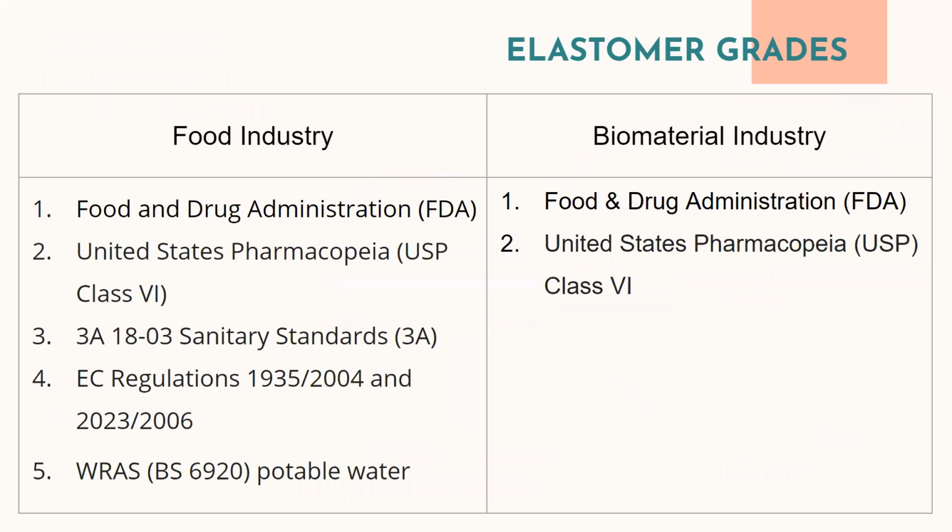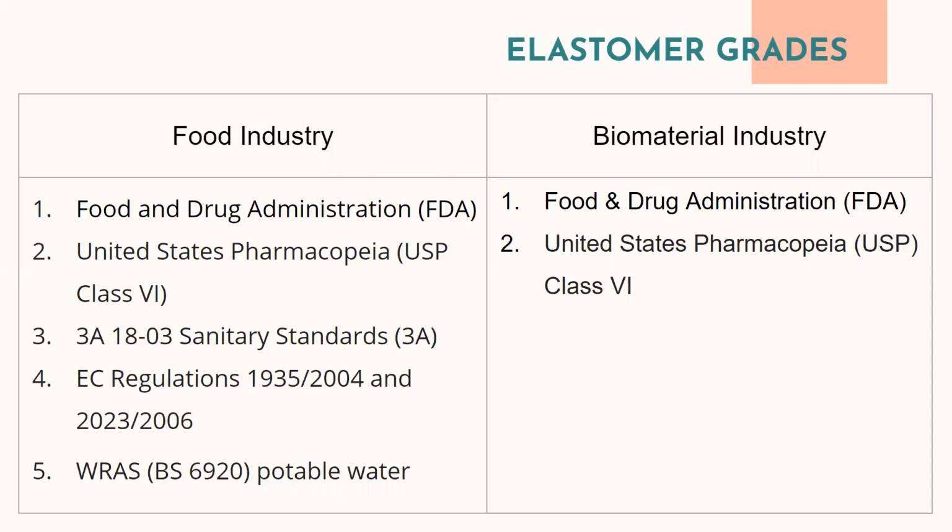These are the elastomer grades in both the food industry and the biomaterial industry. In the food industry, the elastomer grades are Food and Drug Administration, FDA, United States Pharmacopeia, USP Class 6, 3A 18-03 sanitary standards, or known as 3A, EC Regulations 1935/2004 and 2023/2006, or WRAS BS 6920 potable water.